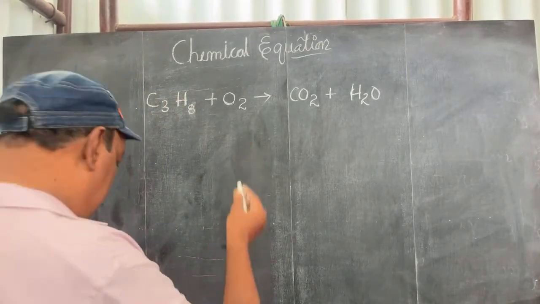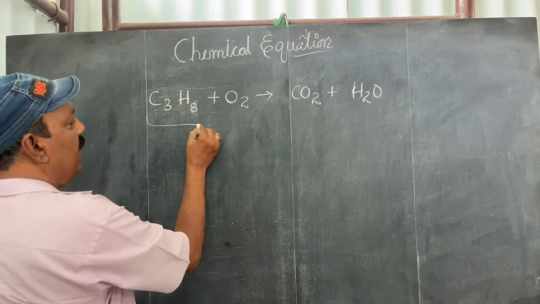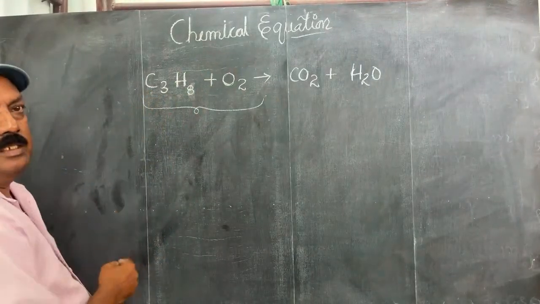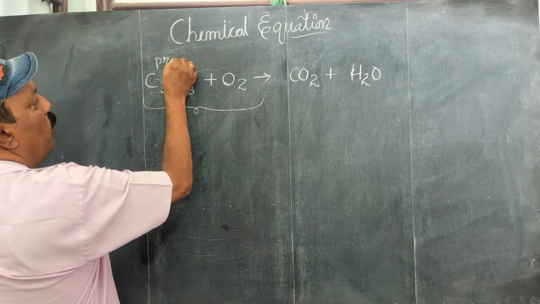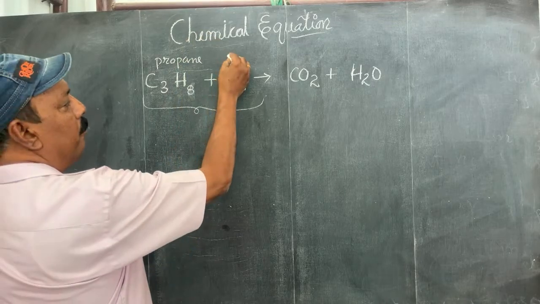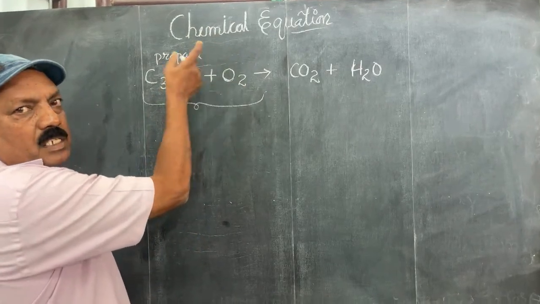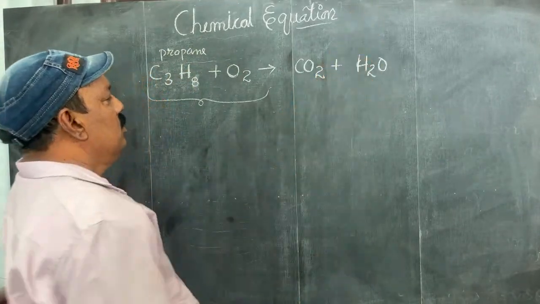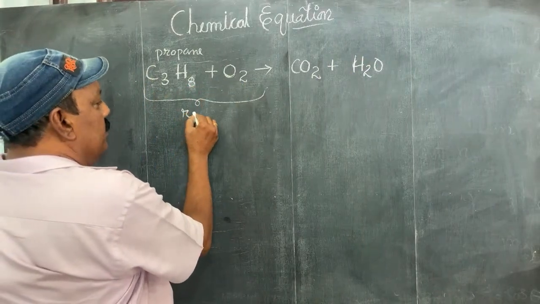A chemical equation has two types of substances. One is the reactants. First is C3H8, which is nothing but propane. When propane is burned in the presence of oxygen, you will get carbon dioxide gas and water. Here, propane and oxygen we call reactants.